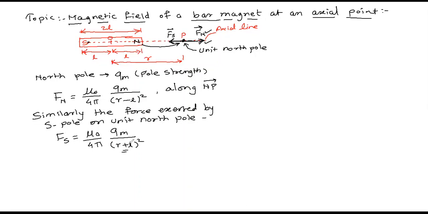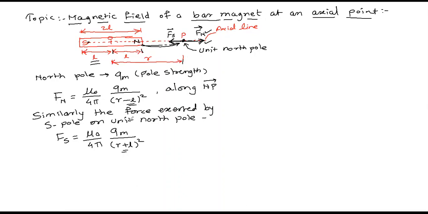See here the denominator r plus L: L is the distance of the south pole from the center, and r is the distance of point P from the center, therefore the total distance is r plus L. Similarly for the north pole, I have written r minus L, because the north pole is at distance L from the center and point P is at distance r from the center.